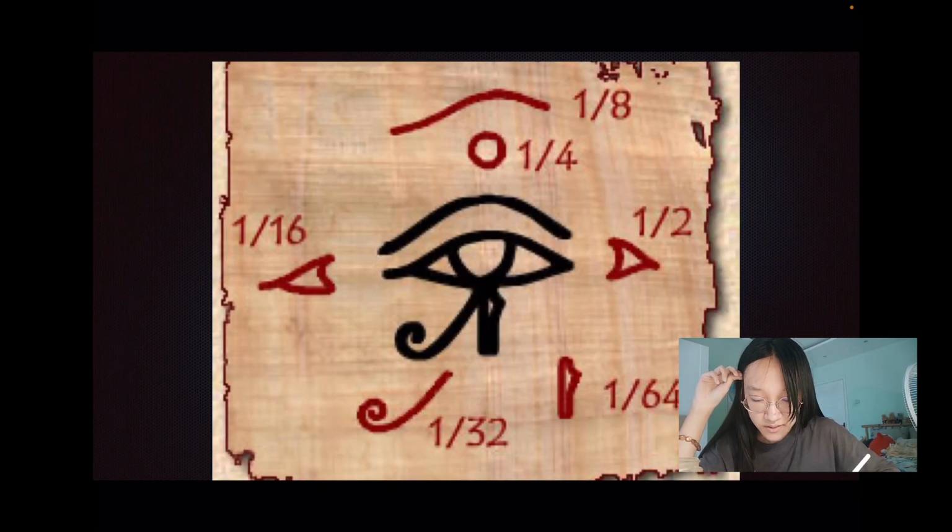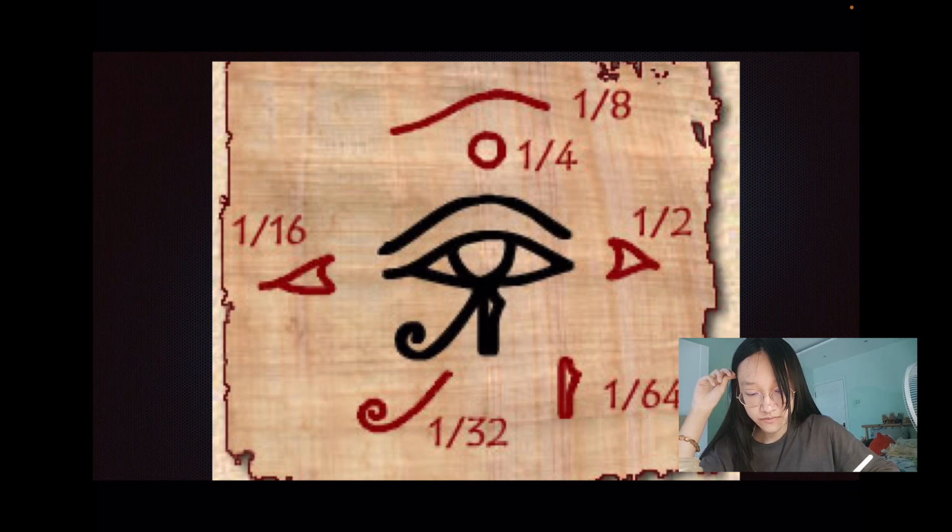So here's the Eye of Horus. Ancient Egyptians could not really represent all the rational numbers. They can only represent fractions in a certain form of sum of something.